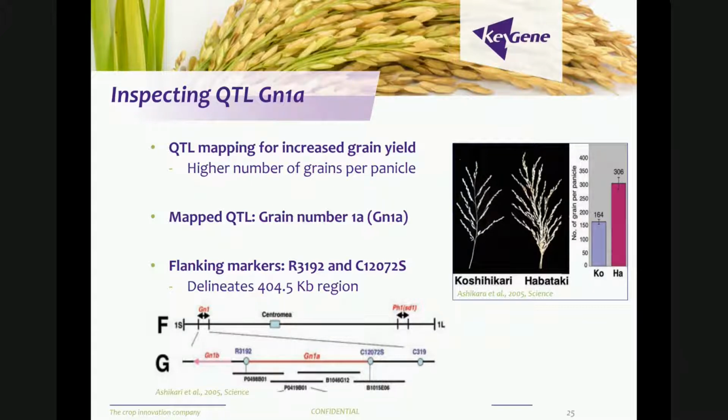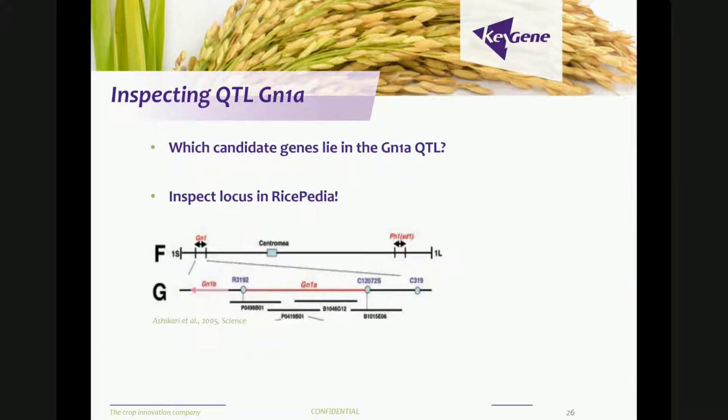In total, the distance between these two markers is approximately half an MB, or 404 KB. So there is a tremendous amount of genetic and genomic information within this region, and we will use Pedia to display the information on this QTL.